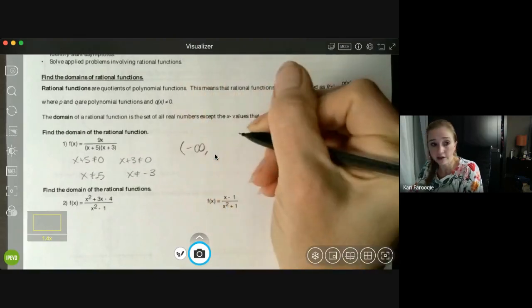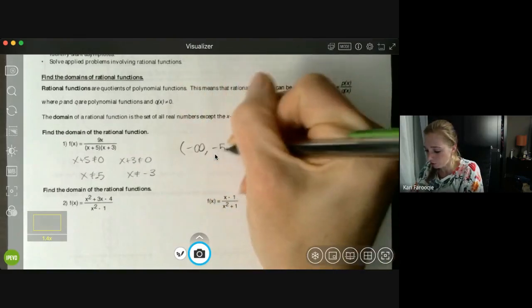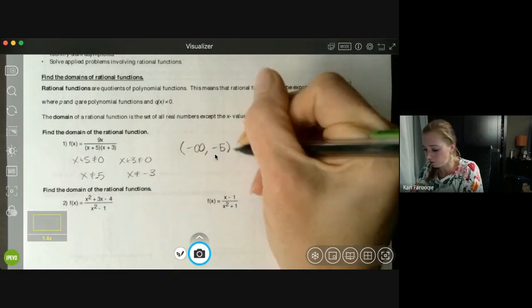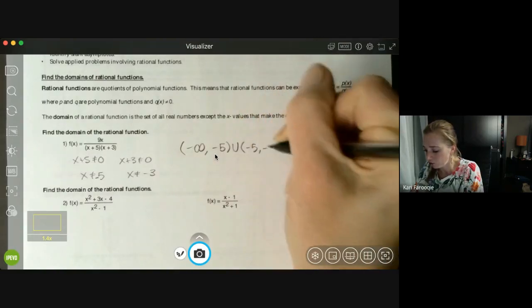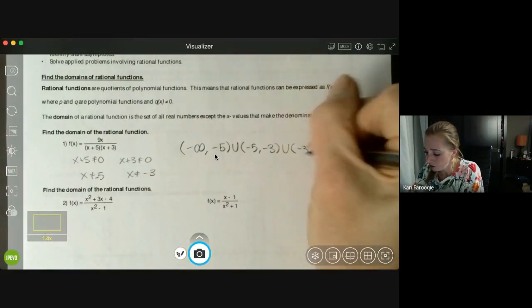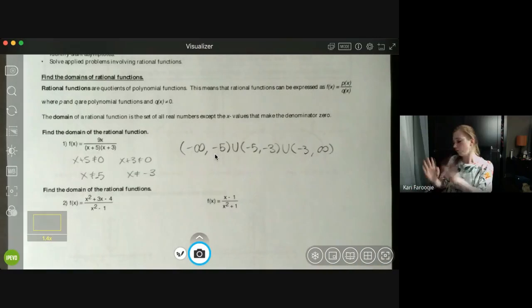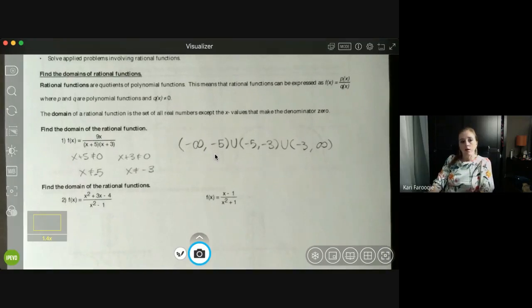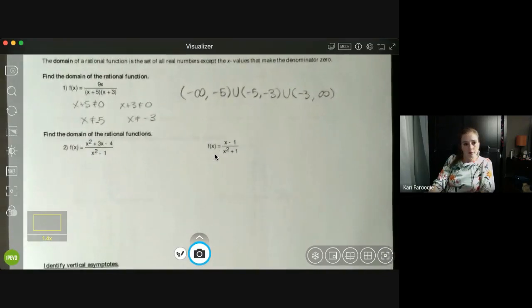So we can have any value between -infinity and -5, excluding -5. Any value between -5 and -3. And then after -3, any value in this whole world will work. Remember, you're always going to have one more interval than you have exclusions to your domain. Questions on number 1? Okay.